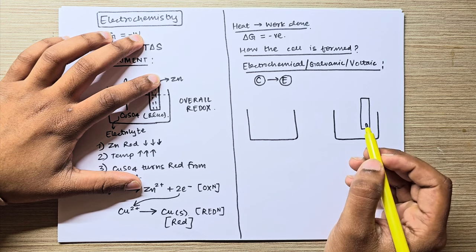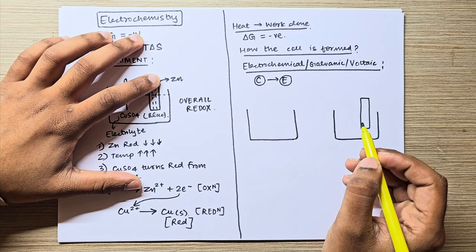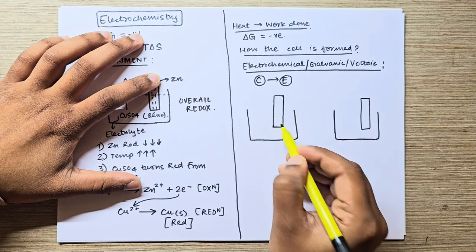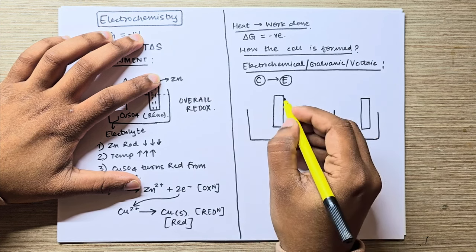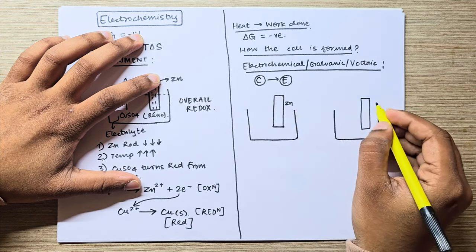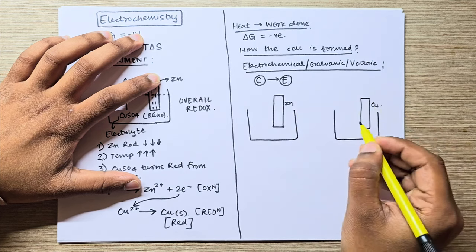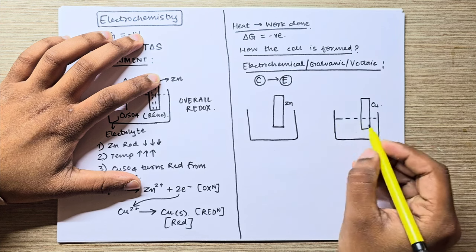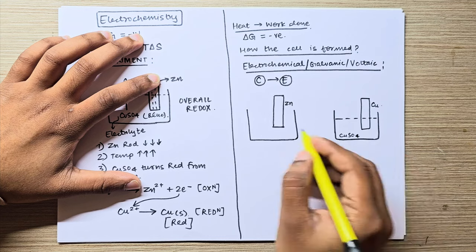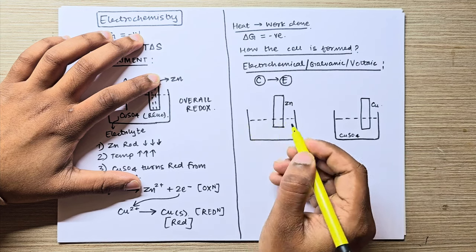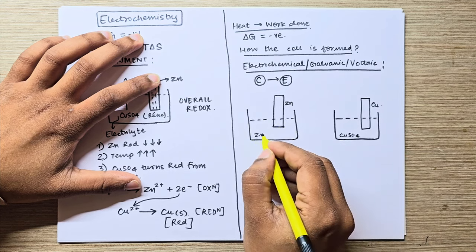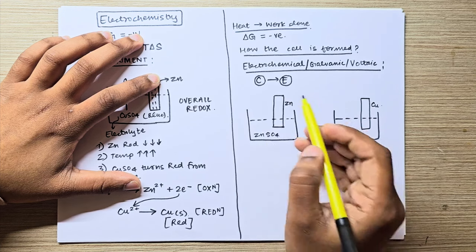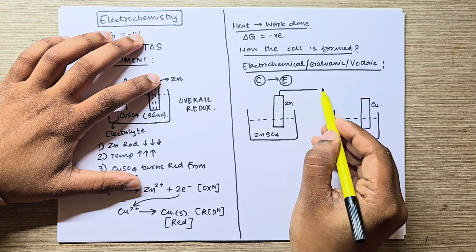Based on reduction and oxidation, we decide which is anode and which is cathode. On the left I have taken a zinc rod, and on the right a copper rod. I have taken the same rod's electrolytes: CuSO4 for copper, and ZnSO4 for zinc, and I have connected the two electrodes with an ammeter.